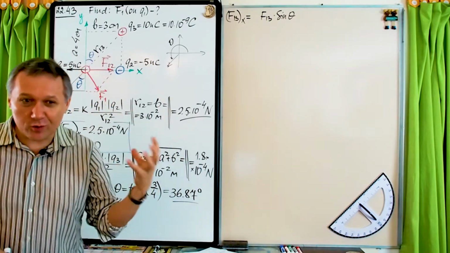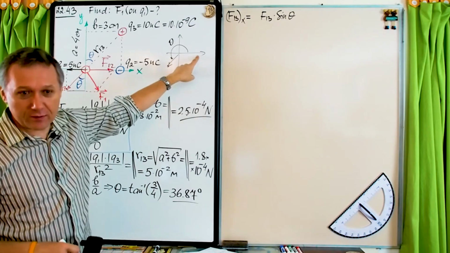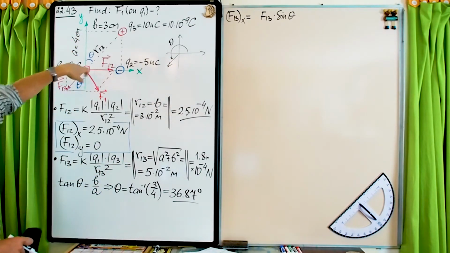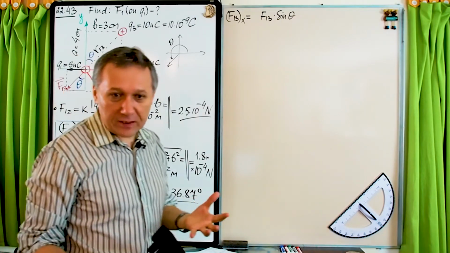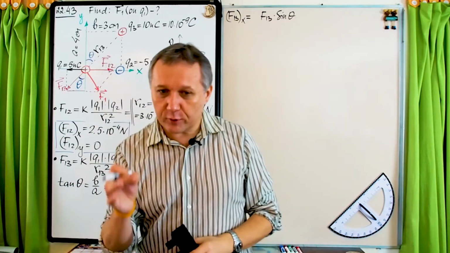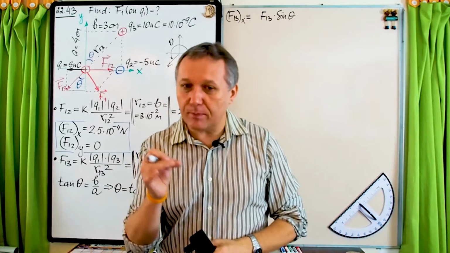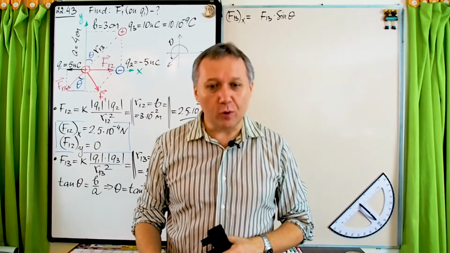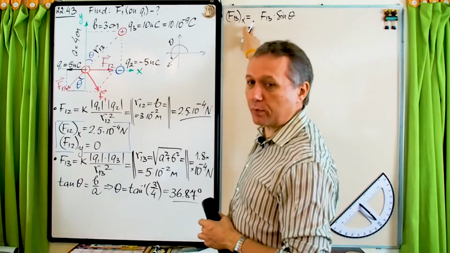But since we measure the angle from the negative y direction, it's not a conventional angle in vector algebra. So we have to take care of the pluses and minuses manually. That's why we need a picture, right? So over here, manually, we have to put minus.